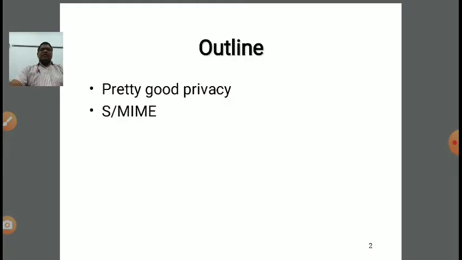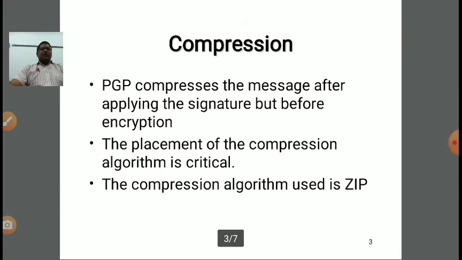Starting with PGP, one concept comes into the picture, that is compression. Before going into technical detail, I'm giving you a basic idea of compression. Suppose in real life I have content of 5 MB and I have storage of only 4 MB. So I have to reduce the size of the content.